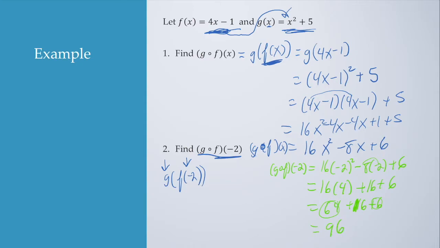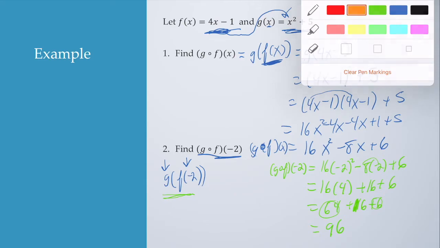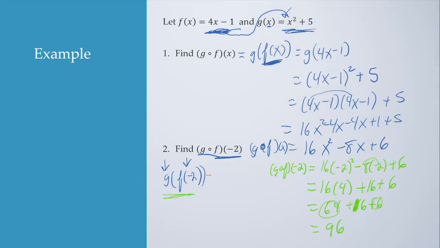Cool. Let's see if I get the exact same answer, hint, hint, wink, wink, I should, if I substitute it like this. So I substitute negative 2 into 4x minus 1, and then substitute what I get for that into g. We'll do that in orange. So now I have g of f of negative 2, so I have to put negative 2 in for x.